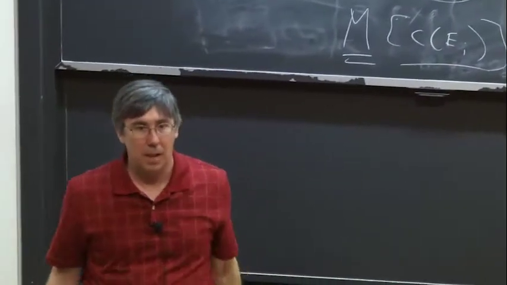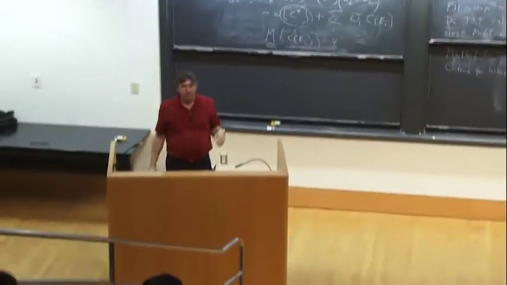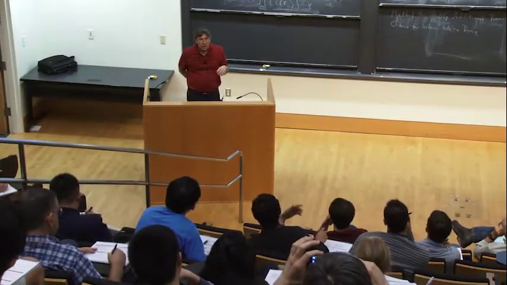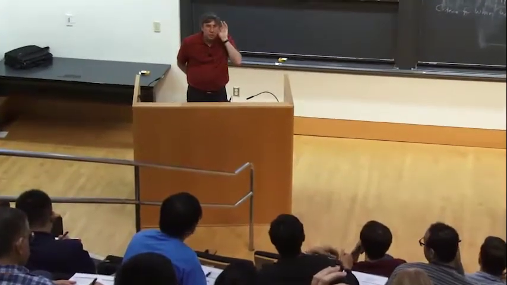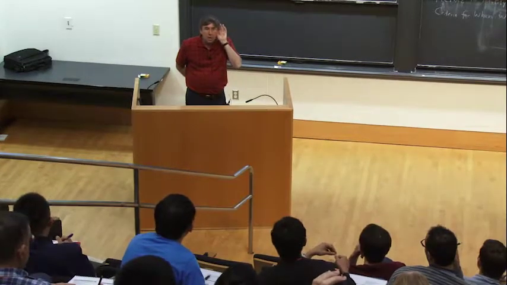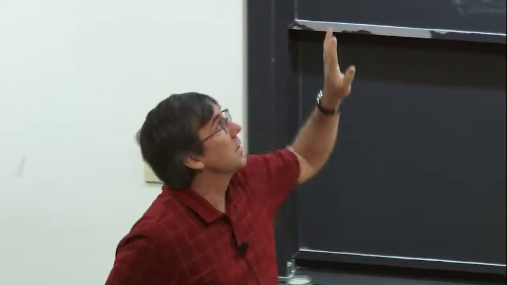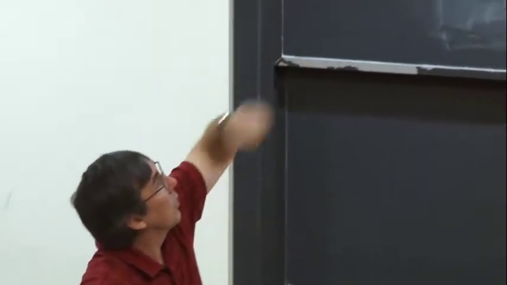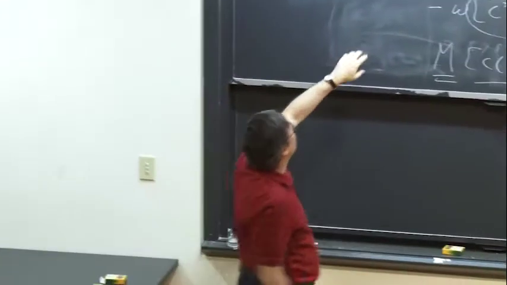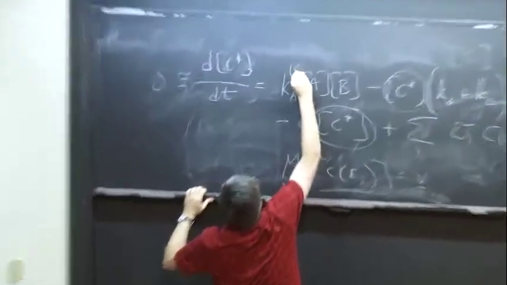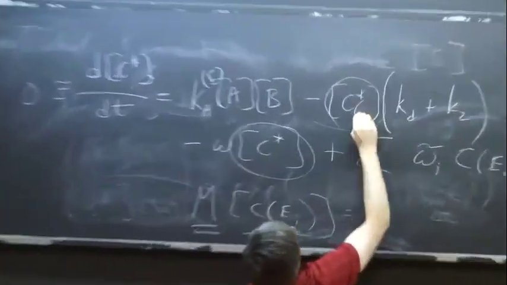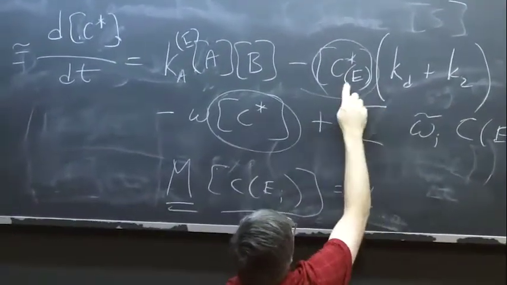Yep. Can you use a Maxwellian distribution for C star, or which distribution? Maxwellian distribution? No, because the rates, each of these guys, depends on E. And this one is actually C of E, it's like E special.